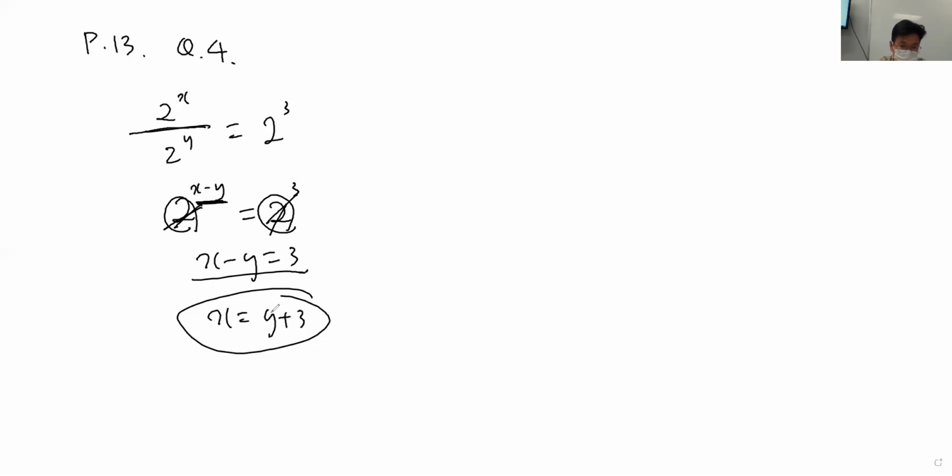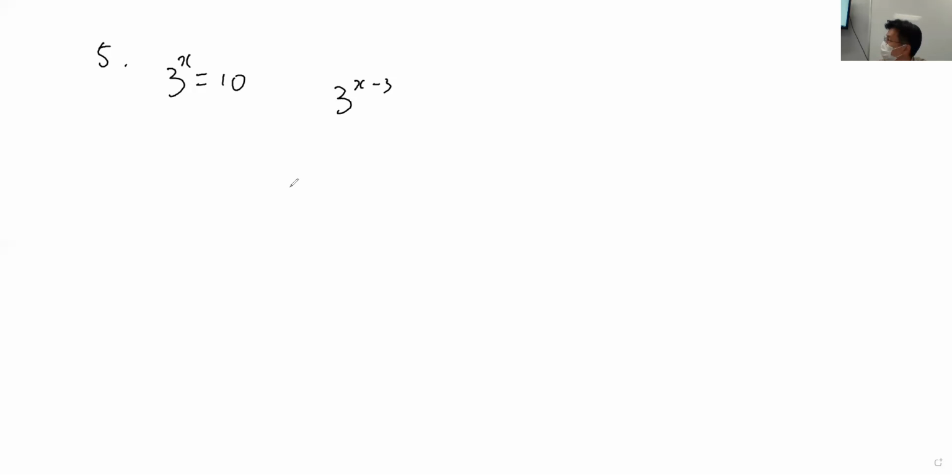And number 5. 3 to the x power equals 10. And then 3 to the x minus 3 is whatever they're asking.